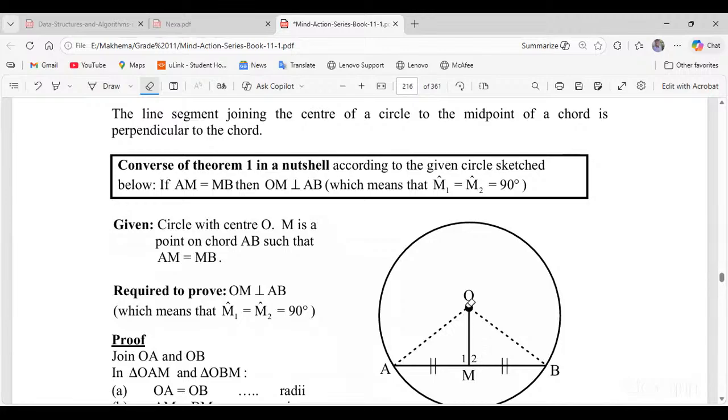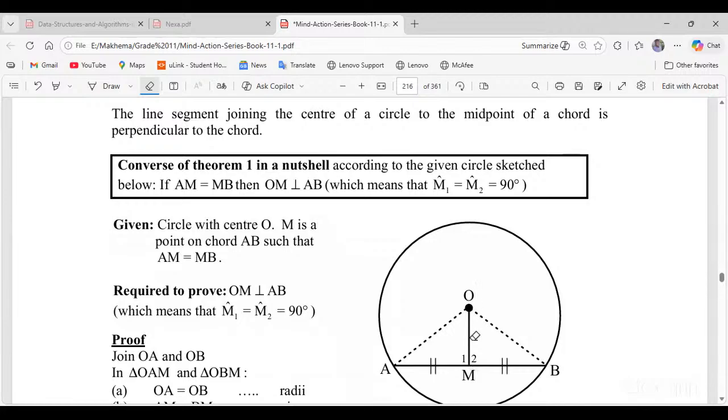So if there is a line from the center of the circle to the midpoint of the chord, that is if AM is equal to MB, then OM must be perpendicular to AB. That means M1 must be equal to M2. They both must be equal to 90 degrees. What are you given in the converse? You will be given the circle with the center O, then M is a midpoint on this chord.